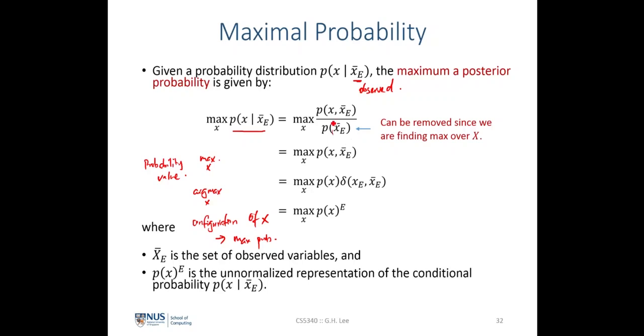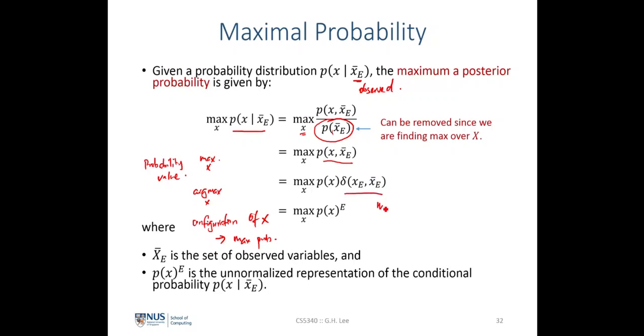Since the denominator is defined over a set of observed random variables, which are not within the x that we wish to maximize over, this term can be treated as a constant and removed from the maximization step. So we are left with the maximization over x of the joint probability distribution of x and xe, which can be rewritten into p of x multiplied by delta xe xe bar.